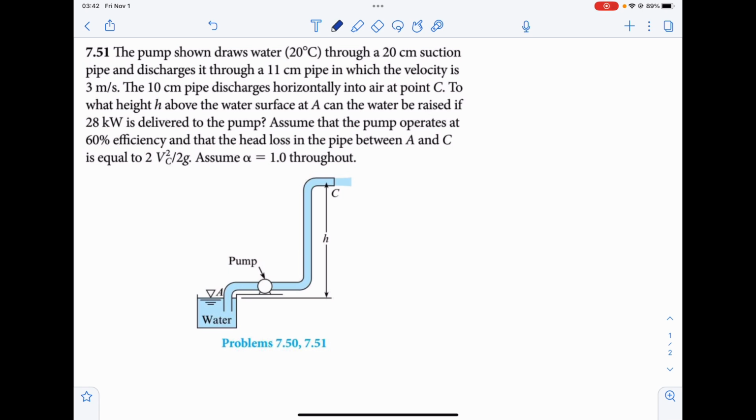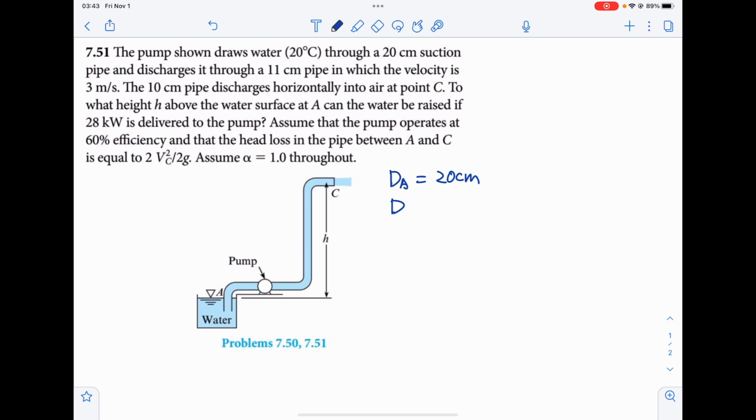So we have a pump which is having the power of 28 kilowatts, and it delivers the water from point A to point C. The height difference from point A to point C is h, and the diameter at point A is 20 centimeter.